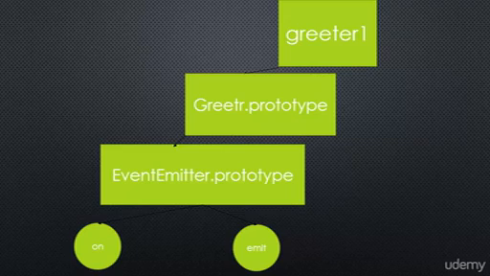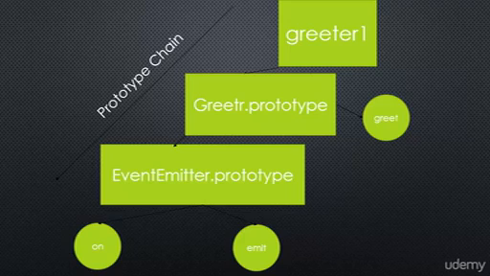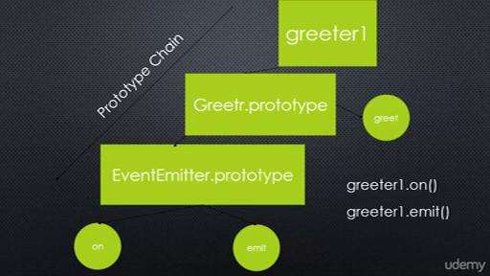Greeter1 points to that greeter.prototype object, and greeter.prototype points to the event emitter.prototype object. And the greeter itself had a greet method. And so that's our prototype chain. My new object, down its chain, finds the greeter prototype object, and down that chain it finds the event emitter prototype object, which means I can call .on, .emit, and .greet on my object at the top of the chain.